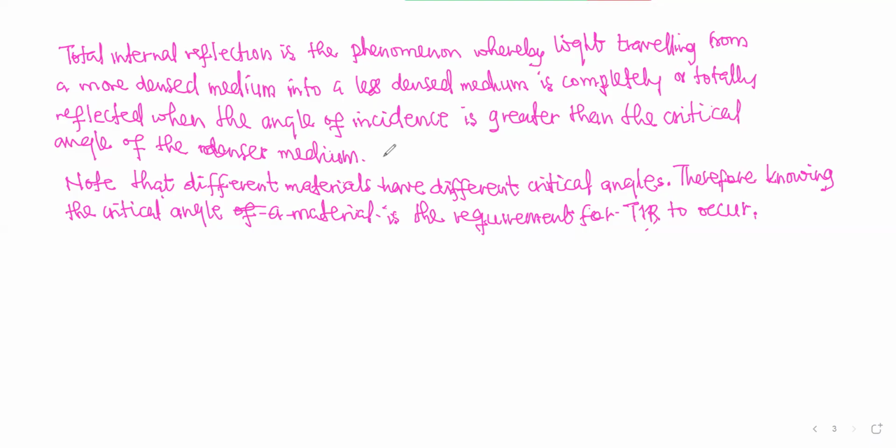Please, can you explain the notes again? I didn't really get it. Okay, so all that I'm saying is that if you want total internal reflection to occur in a material, you must first know the critical angle of that material. Okay, Isabella, what is critical angle?